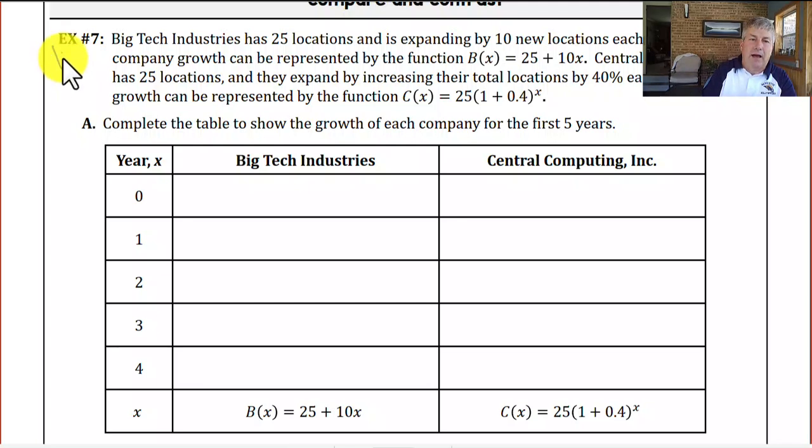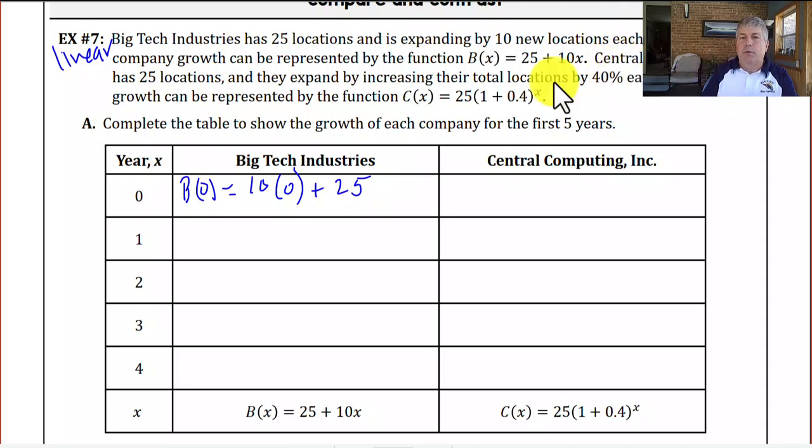So Big Tech is linear because we have x to the first power. So that particular formula is going to give b of 0 equal to 10 times 0 plus 25.